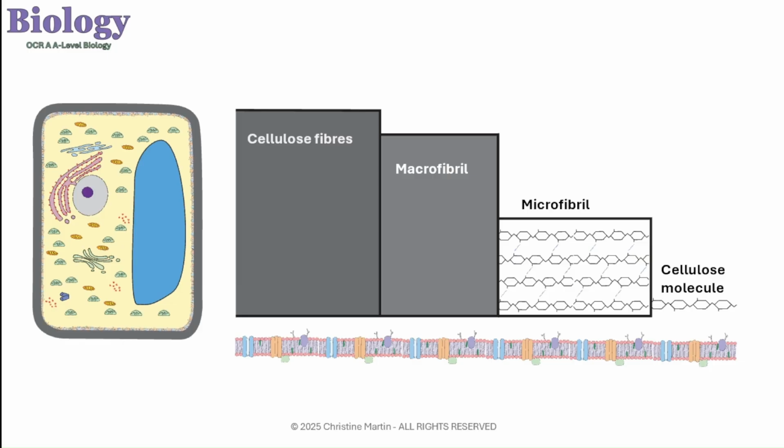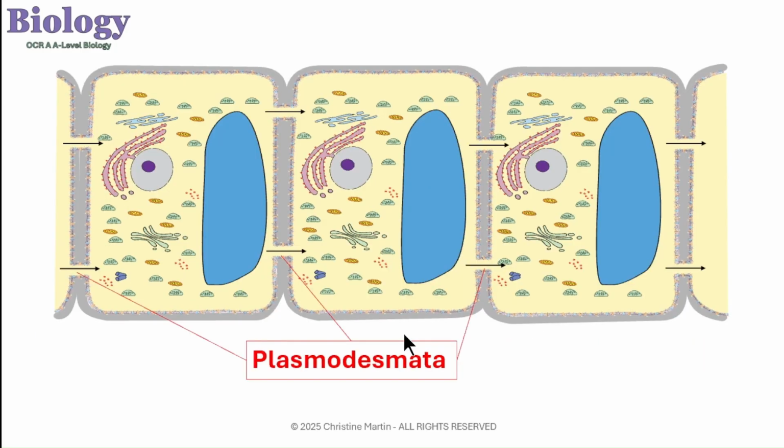So, we know that plant cells are connected by plasmodesmata, these tiny little channels crossing the cell walls. Now, each plasmodesma is lined with the plasma membrane and contains a thin strand of endoplasmic reticulum, known as the desmotubule.